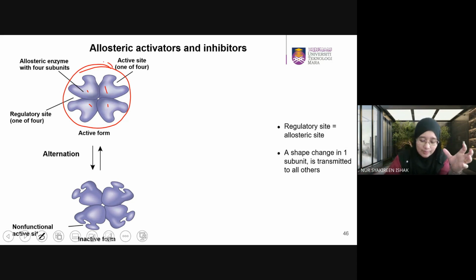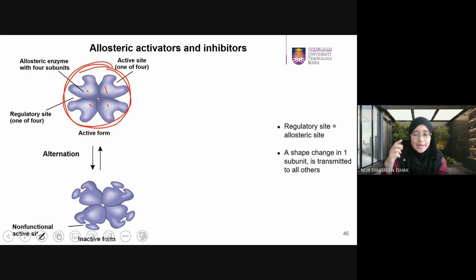But for this type of enzyme, the structure of the molecule is not stable. The enzyme molecule will keep on changing its shape: active, inactive, active, inactive. It is not stable, it keeps switching shape, right?